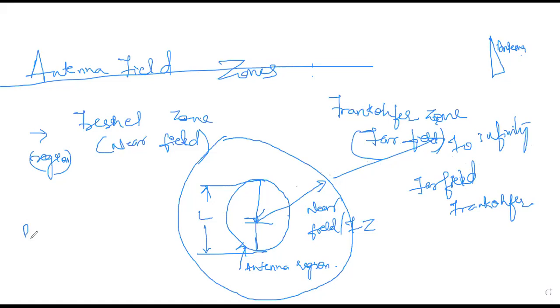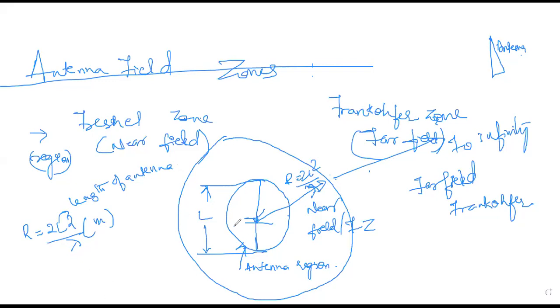Now this distance, the boundary between the near field and the far field, is given by the formula R equals 2L squared by lambda, in meters, where L is the length of the antenna and lambda is the wavelength of the electromagnetic wave radiated.